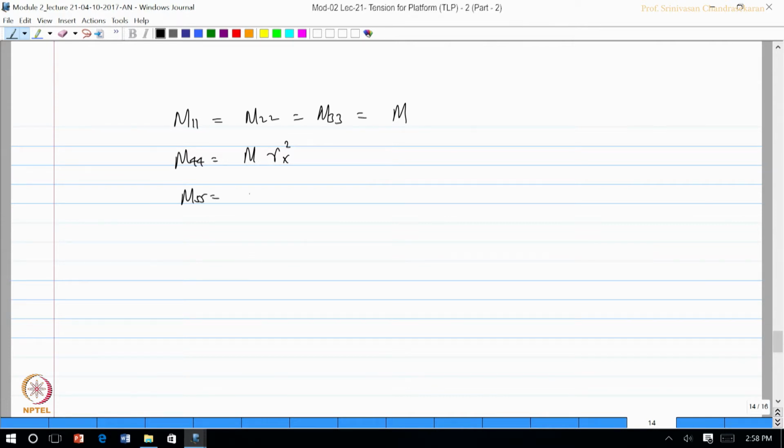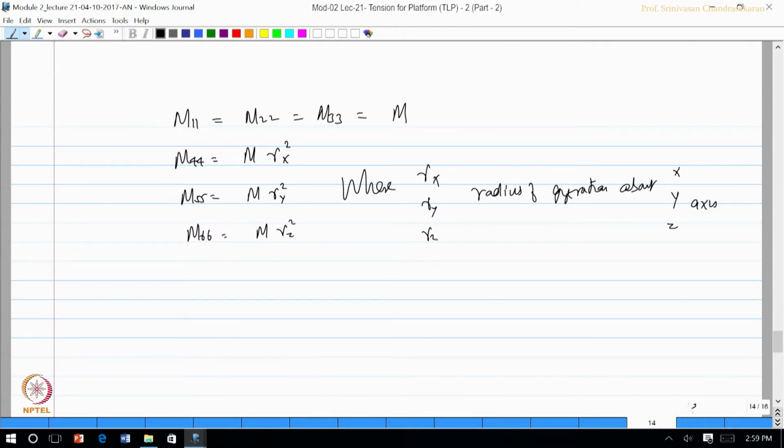M55 will be mass of the platform into Ry square, and M66 will be mass of the platform into Rz square, where Rx, Ry and Rz are respective radius of gyration about x, y and z axis respectively.